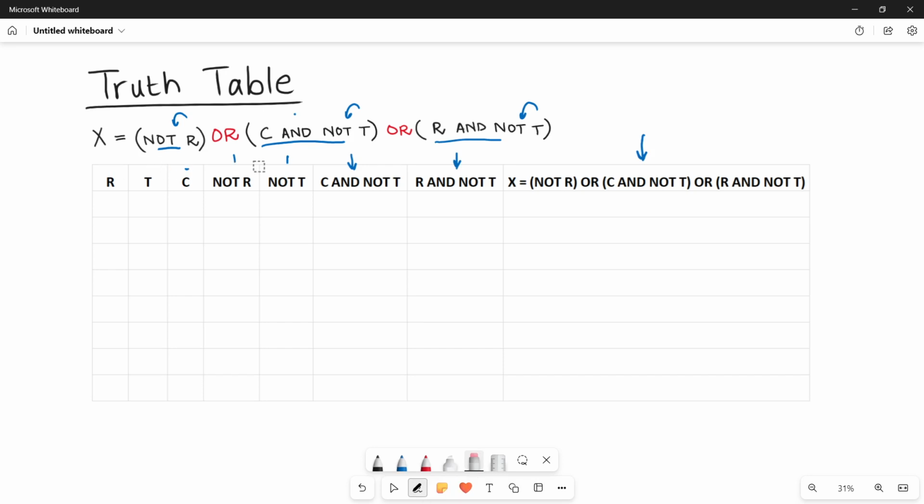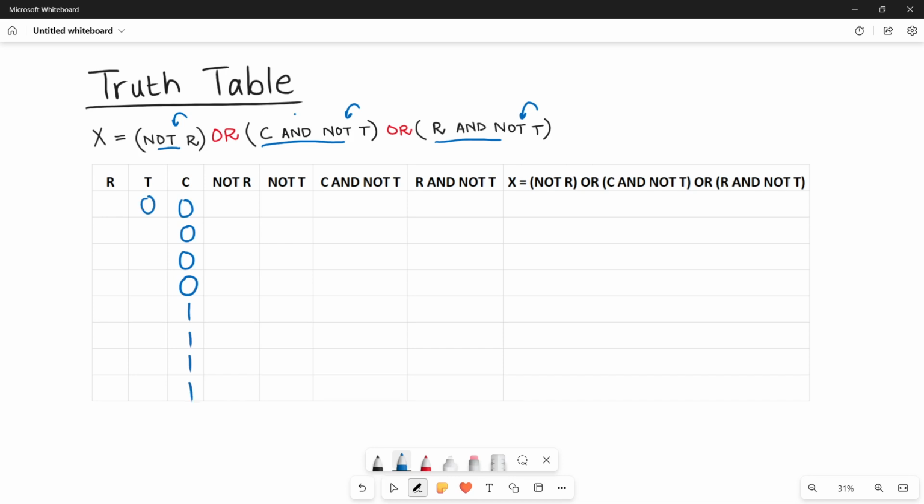Let me just erase these arrows to make it clear for you. The first thing you have to fill are the values of your input parameters. And remember that if you have three input parameters, then there are going to be 8 input combinations for your binary data. So let's quickly make that. For C, it will be 4 zeros and 4 ones.